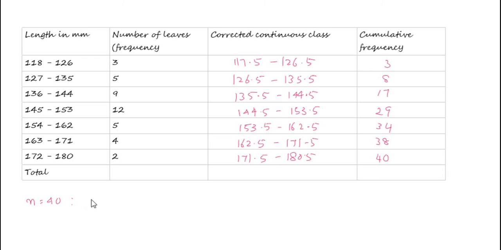Therefore, N by 2 equal to 20. The cumulative frequency 20 falls under the class 144.5 to 153.5 because 20 is greater than 17 and this class is up to 29, so 20 is within this one. So this is the median class.